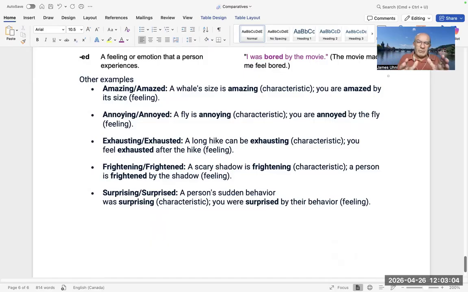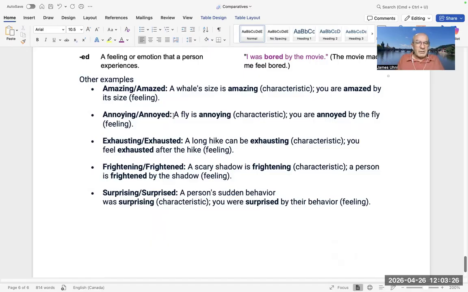I need to have it in one line, and you focus on comparative adjectives and comparative adverbs, superlative adjectives, and then adjectives ending with ing and ed.